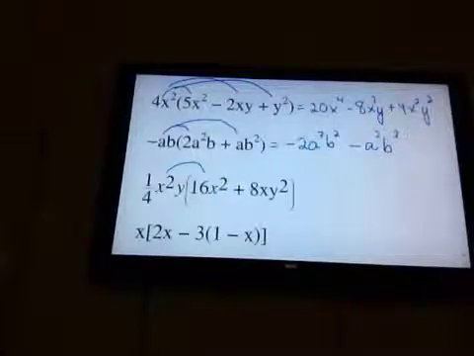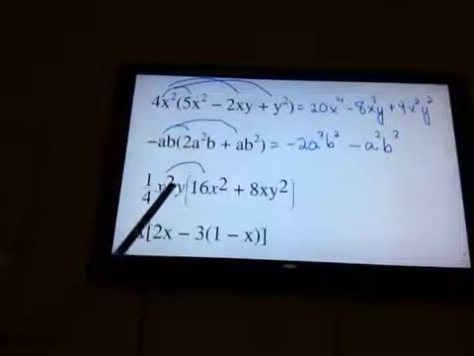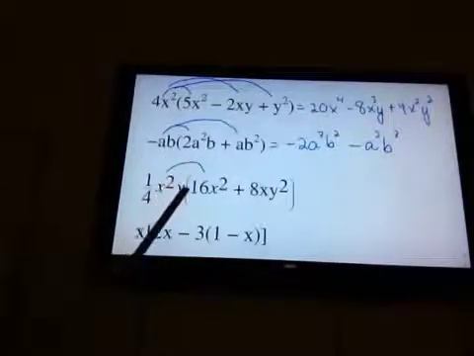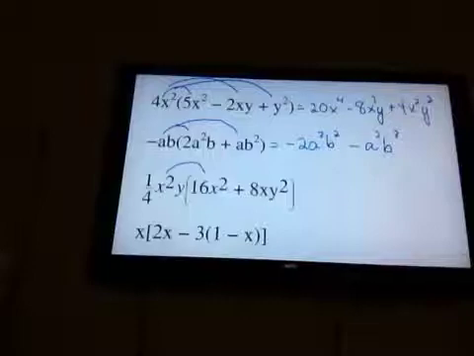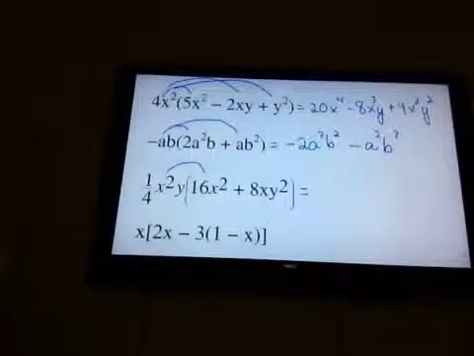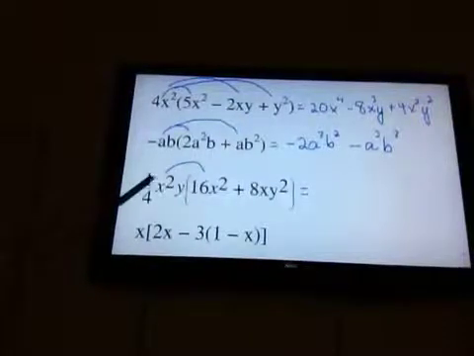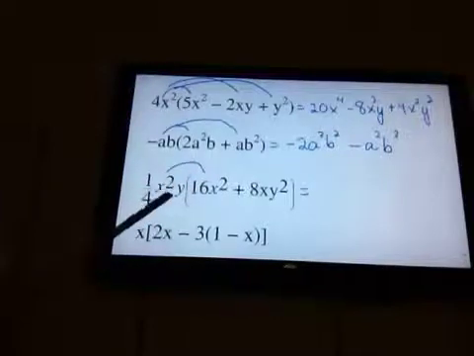One-fourth x squared y. Some of these questions, you'll notice that my exponents, I have to go in after I do it and do a special thing to make them smaller, and I forgot to do it on this one, so it looks weird. 1/4 x squared y times 16x squared y. Remember that when we take an integer, 16, times a fraction whose numerator is 1, 1/4, it's like 16 divided by 4. Okay?